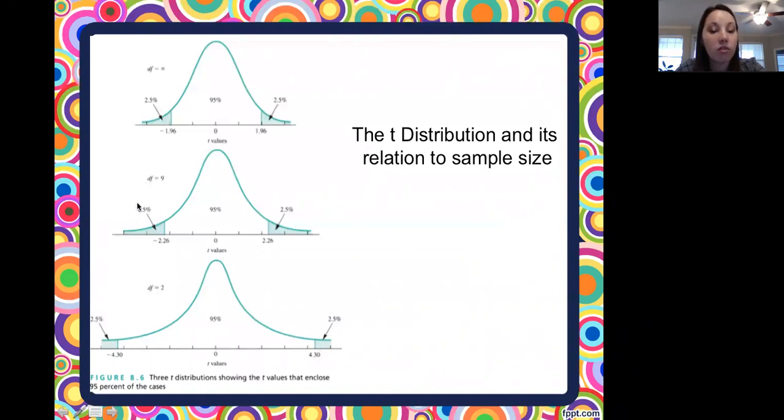When we have a degrees of freedom of 9, this is what that alpha level of 0.05 looks like. This is what our rejection region looks like. When we have a degrees of freedom of infinity, which is impossible, but if we were to obtain that, this is what that rejection region, or alpha level of 0.05 would look like. So that's basically just showing how our normal curve becomes more normal when we increase our sample size, and how our rejection region looks when that happens.